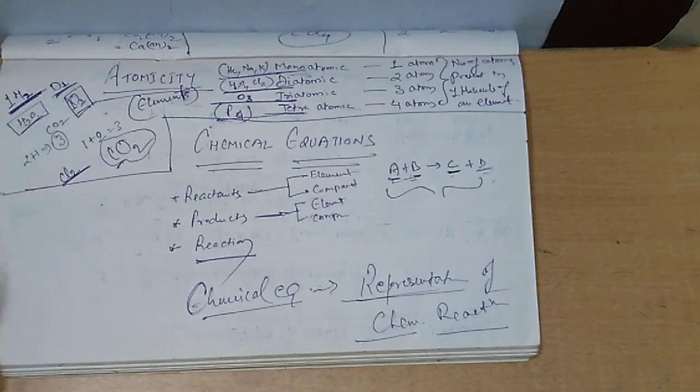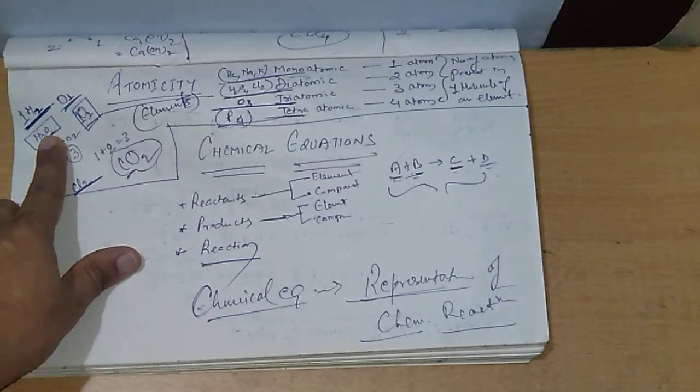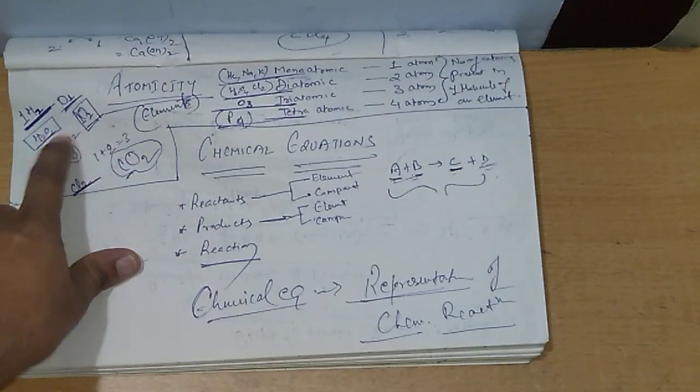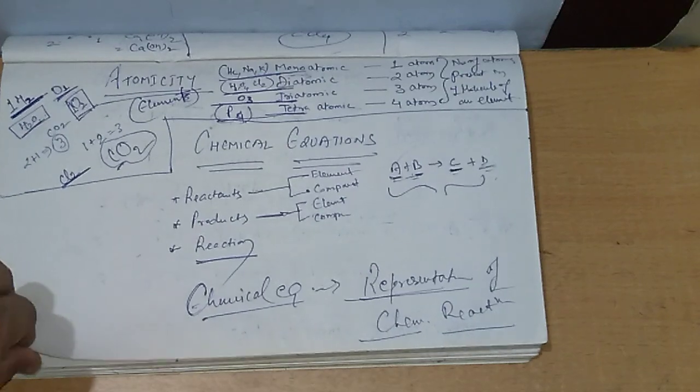If it is in the free state, oxygen is always diatomic and chlorine is always diatomic. But when they form compounds with other elements, their atomicities change; in this case the atomicity of oxygen in this compound is 1, clear. So this is how atomicity is related.